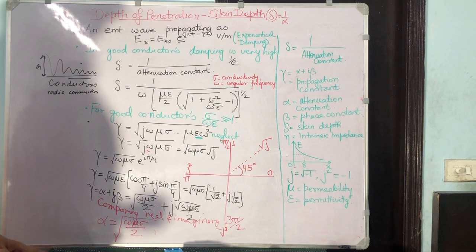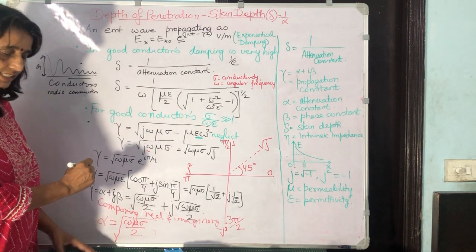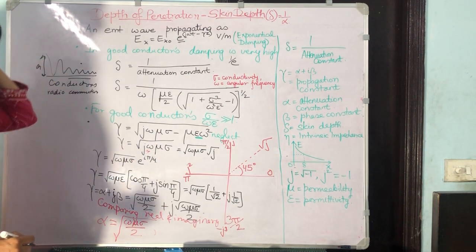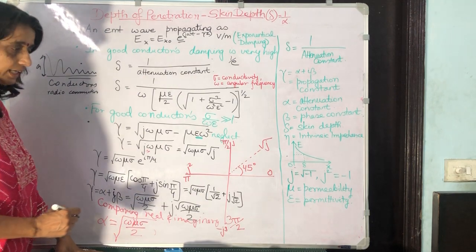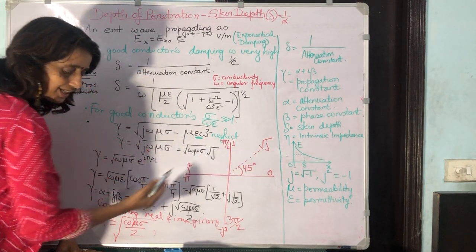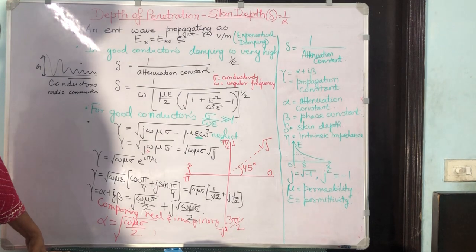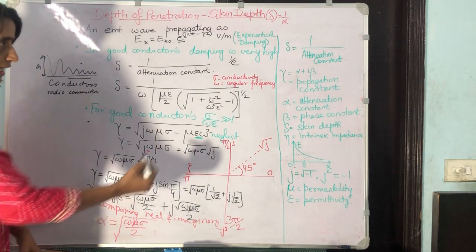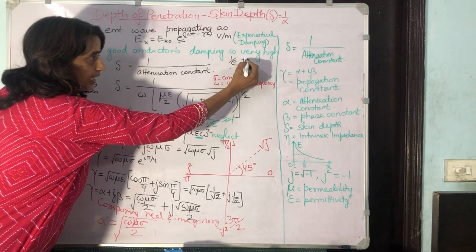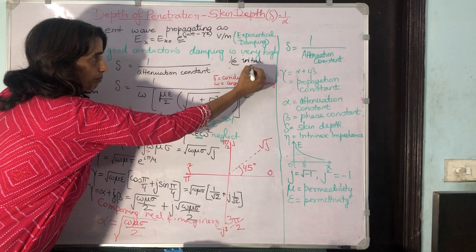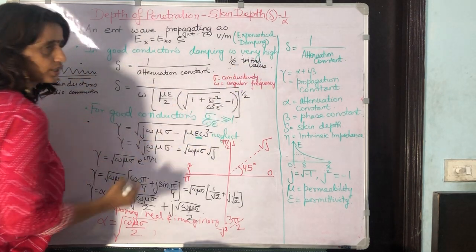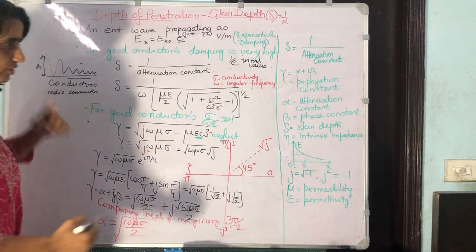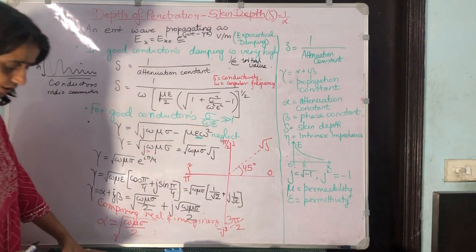Mathematically, it is the distance in which the strength of the electric field associated with an electromagnetic wave reduces to a factor of 1 upon e times its initial value, the exponential decay of the wave.